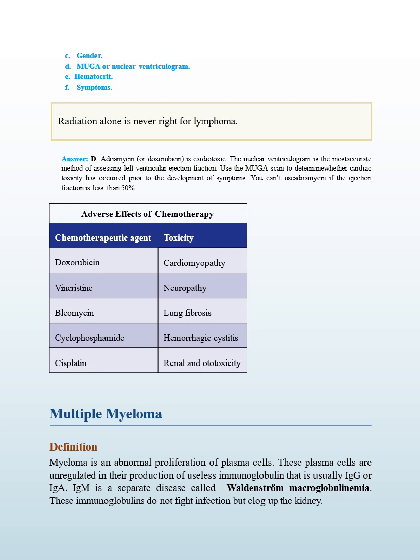Next topic to discuss, this is multiple myeloma or MM. By definition, myeloma is abnormal proliferation of plasma cells. These plasma cells are unregulated in their production of useless immunoglobulin, which is usually IgG or IgA.